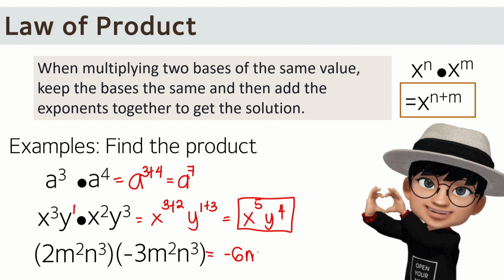Then we have m raised to 2 plus 2, and n raised to 3 plus 3. So the answer now is negative 6 m raised to 4 n raised to 6. Okay, so that's all about the law of product.